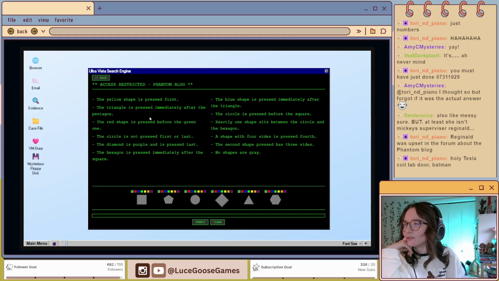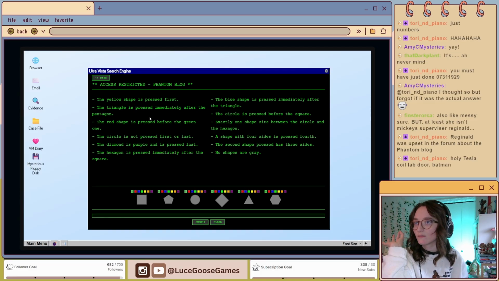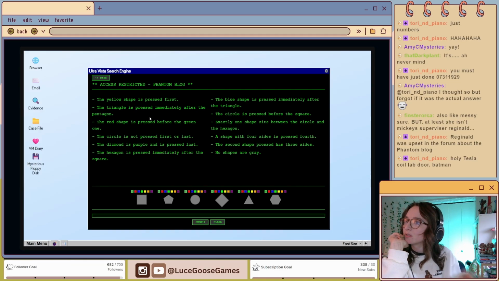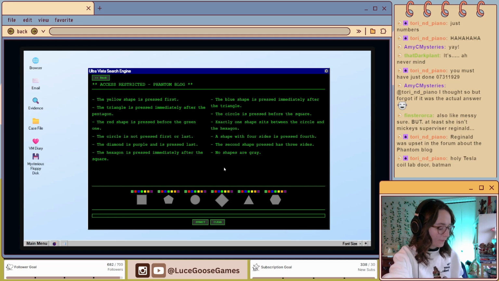And then we have red, blue, green, yellow, orange, purple. I'm assuming that it's in order from 1 to 6. I don't think anything is going to be pressed multiple times, from what I can tell. So 1, 2, 3, 4, 5, 6.